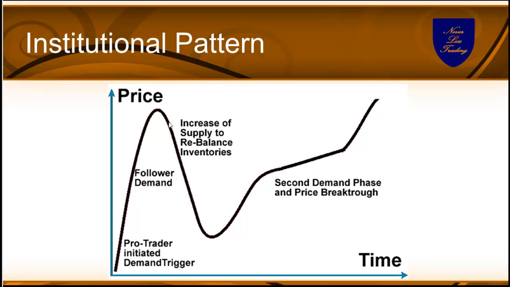And what will additional supply do? It'll drop the prices. So they buy back their inventory until prices drop to certain points, in a nice buyback program. And then in the second phase, when another demand phase comes in, we'll have those liquidity providers making the additional benefit from buying at lower prices and selling it back into the market at higher prices. And then demand comes behind it, and we find a price breakthrough or rejection.